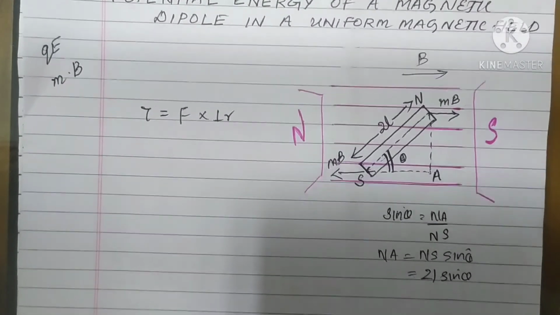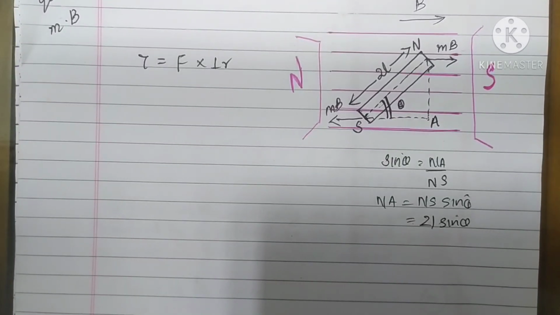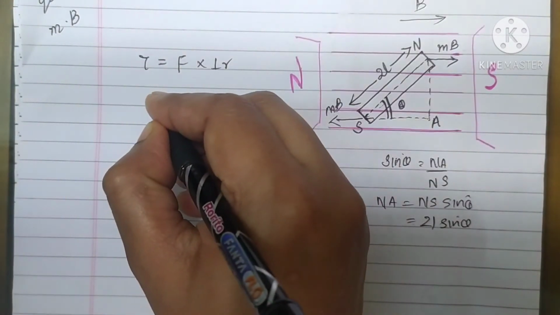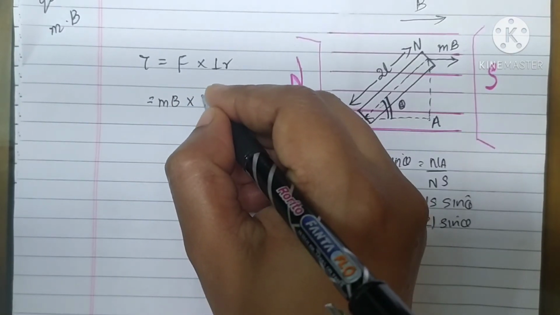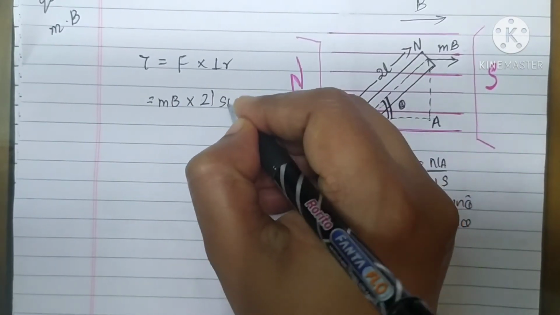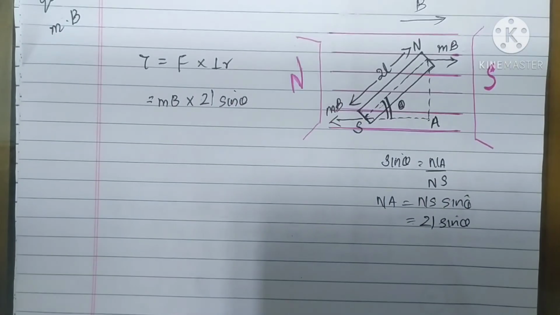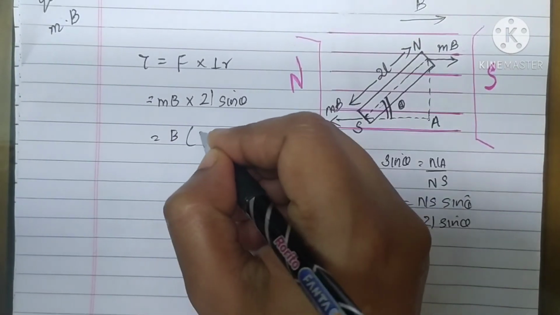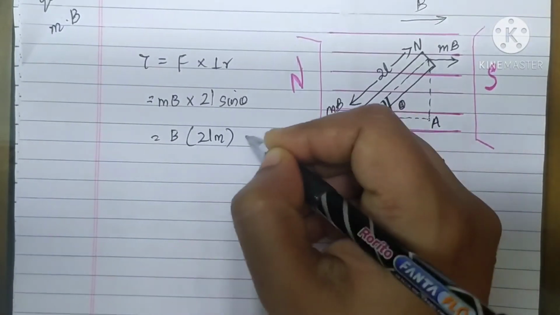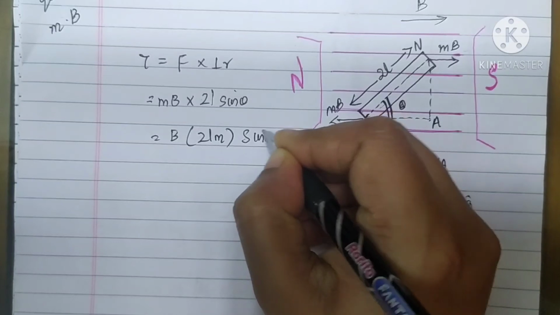So substitute the value in this expression. So you will get mB into 2L sine theta, or you can write B into 2L m sine theta.